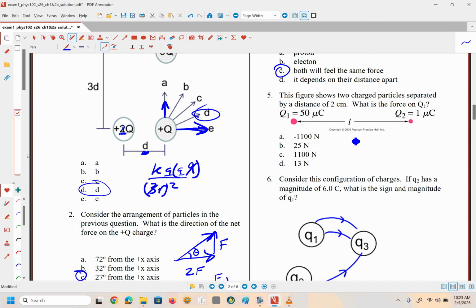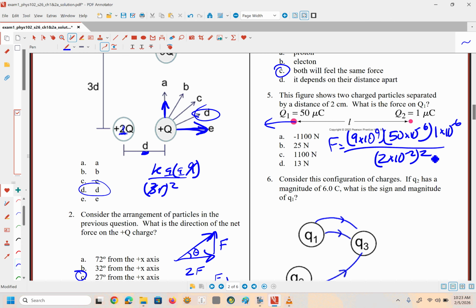All right, this figure shows two charged particles separated by a distance of 2 centimeters. What is the force on Q1? Well, that force on Q1 is in this direction, and that force is 9 times 10 to the ninth times 50 times 10 to the minus 6 times 1 times 10 to the minus 6, divided by 2 times 10 to the minus 2 squared.